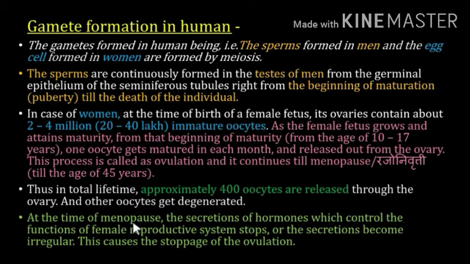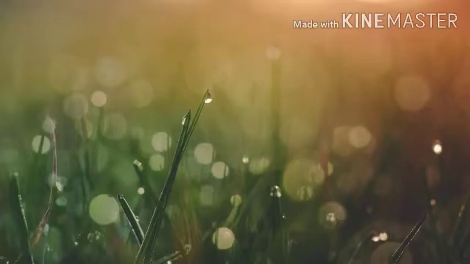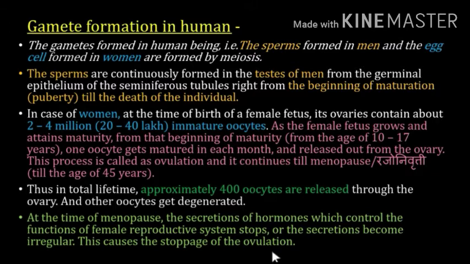At the time of menopause, the secretions of hormones which control the functions of the female reproductive system stop or become irregular. This causes the stoppage of ovulation. Therefore, after that age, a female cannot produce offsprings.